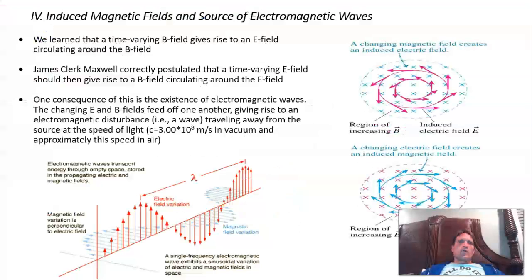So what have we learned so far today? Well, we've learned that if you have a time-varying magnetic field, in this case pointing into the screen and changing with time, this will give rise to an electric field whose directions are circles circulating around the magnetic field.